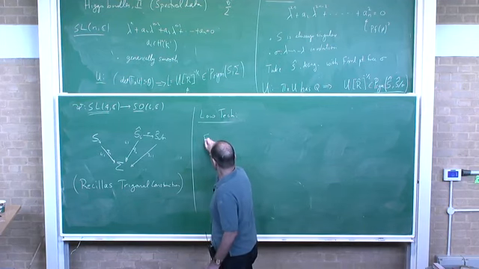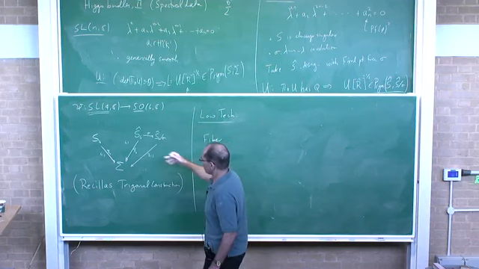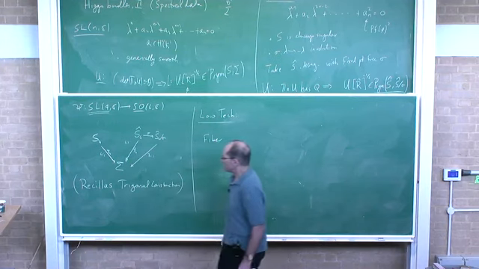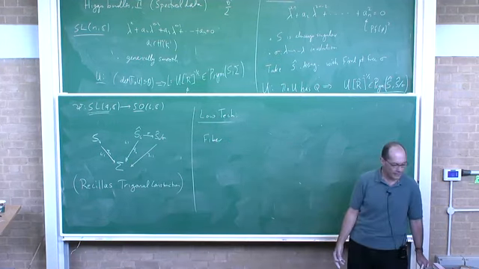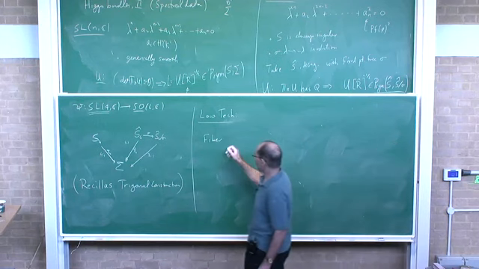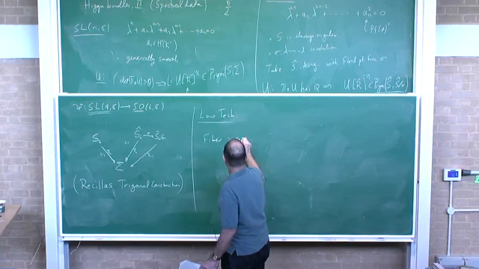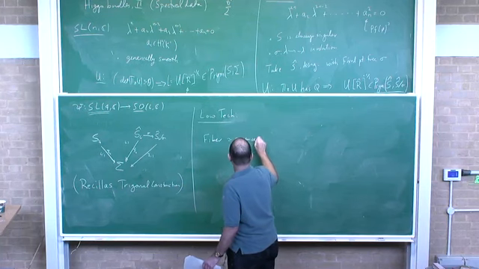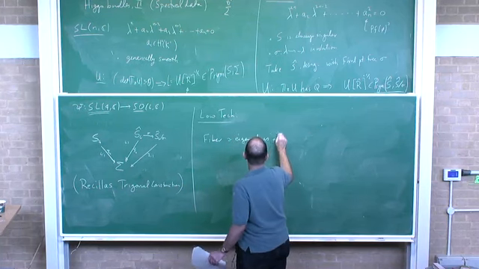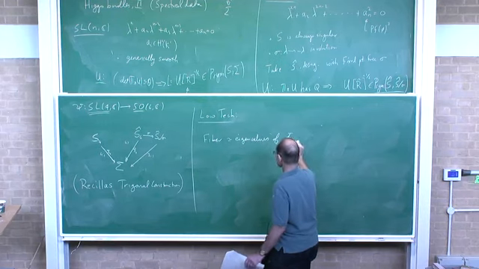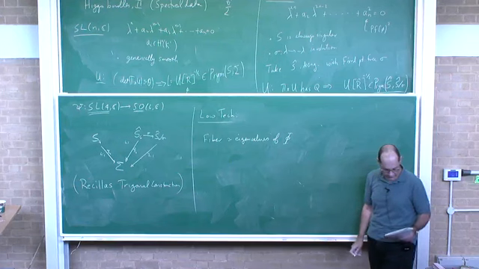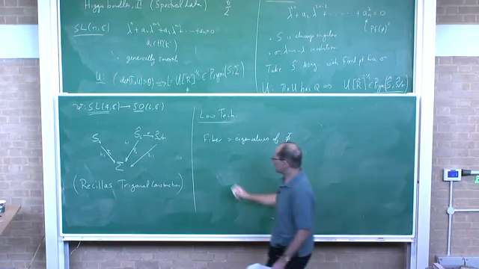So the low-tech recipe is based on these observations. First of all, what are the fibers of these maps? For any spectral curve that's representing a Higgs bundle, the fiber of the projection gives you the eigenvalues of the Higgs field. That's by the way they're constructed. So that's the first thing.